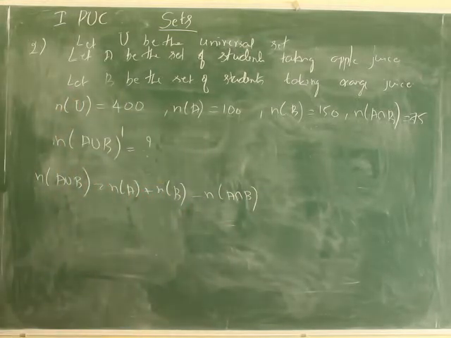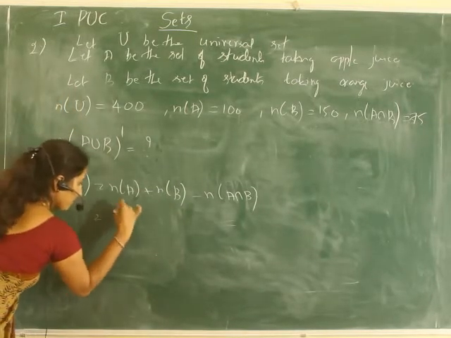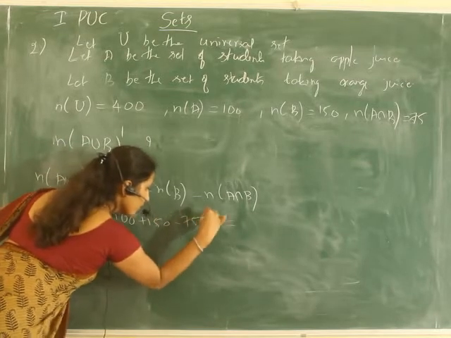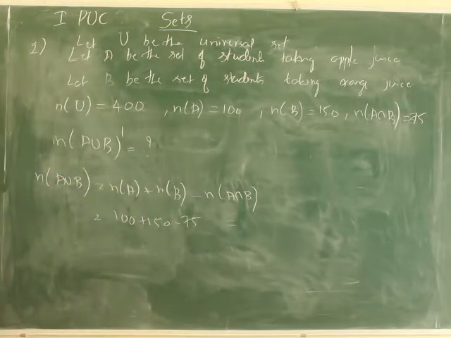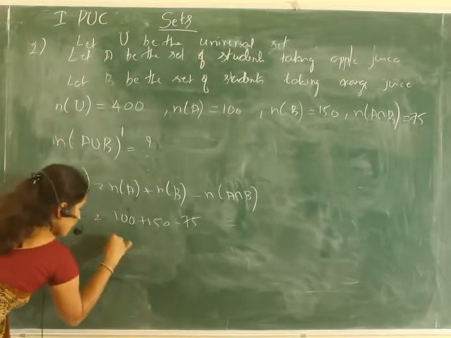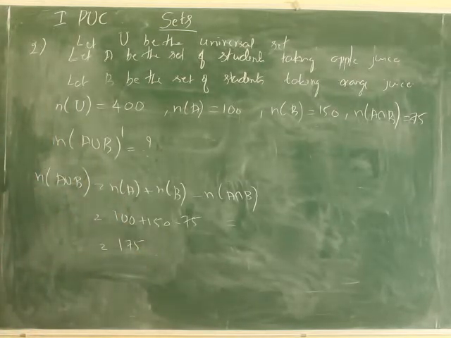So n(A union B) is 100 plus 150 minus 75. 150 minus 75 is 75, so 175. So 175 students are taking, they are in the union.